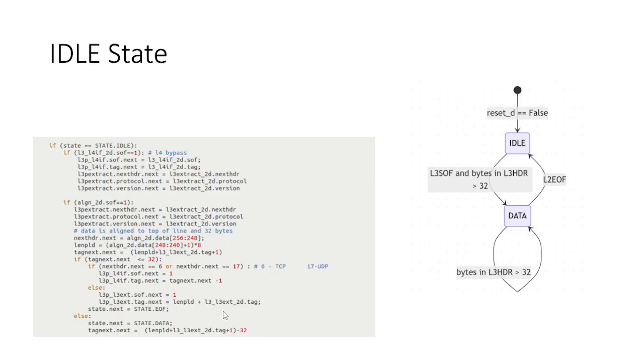Based on this next header value, if it's TCP or UDP, meaning 6 or 17, or GRE, then whatever follows is going to be a layer 4 protocol. I think I'm missing one, so I should have a GRE here, and once I get the GRE, I'm going to indicate the L4 SOF. So that's what I'll do here.